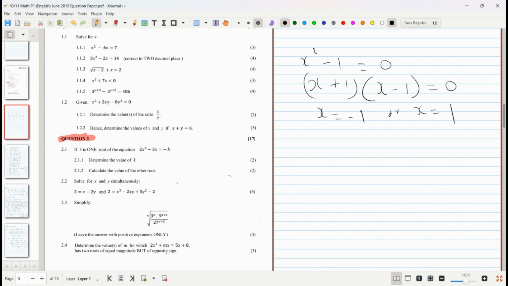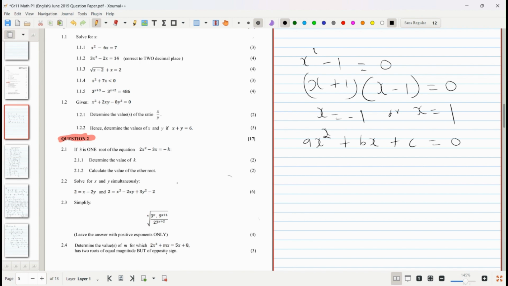You also need to remember how to write a quadratic equation in its standard form, which is ax squared plus bx plus c.